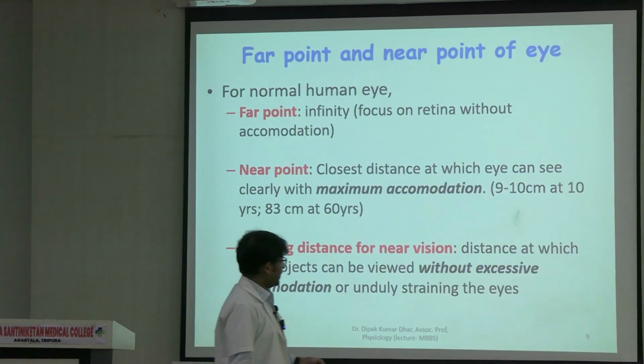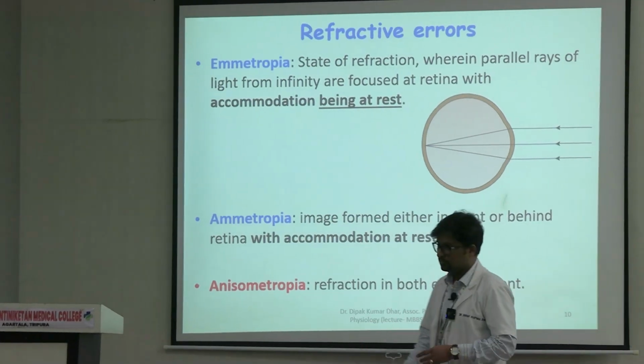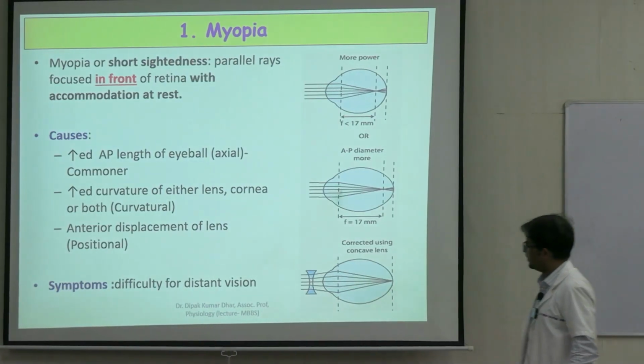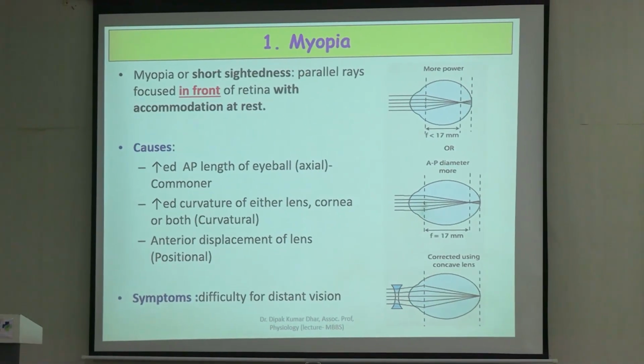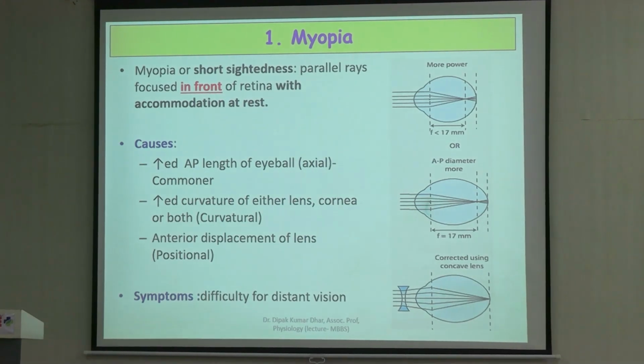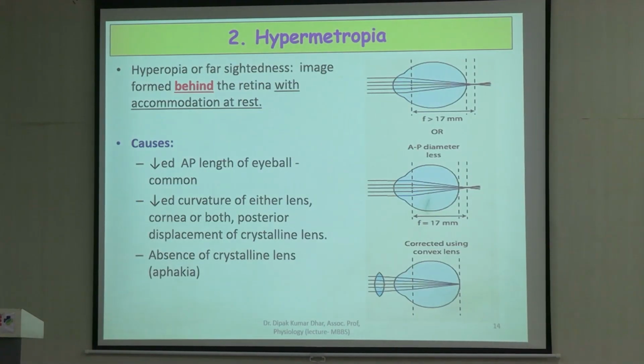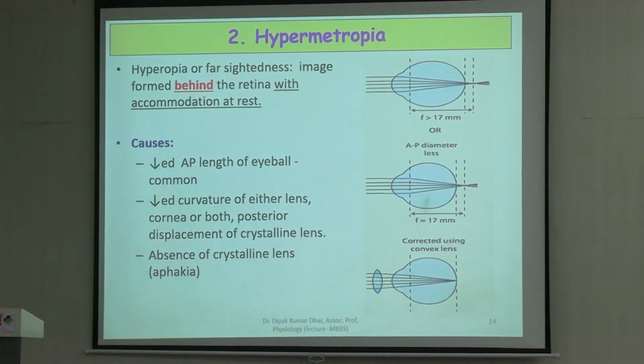So we have seen that there are 4 broad types of refractive errors: myopia, or nearsightedness, and hypermetropia, farsightedness.